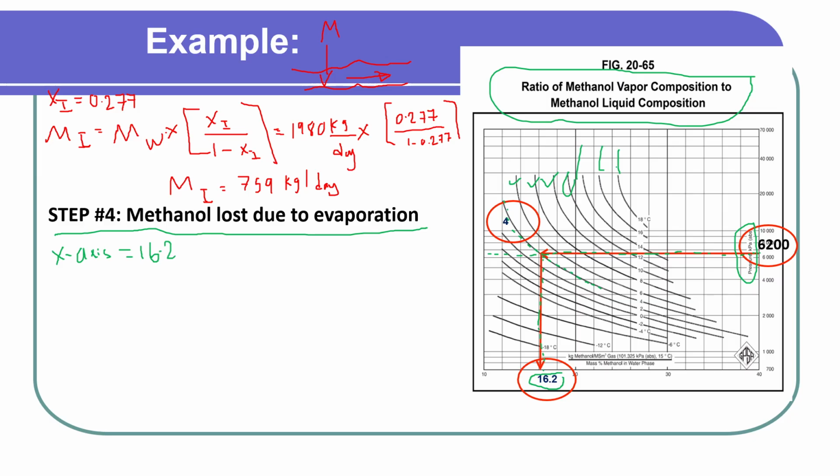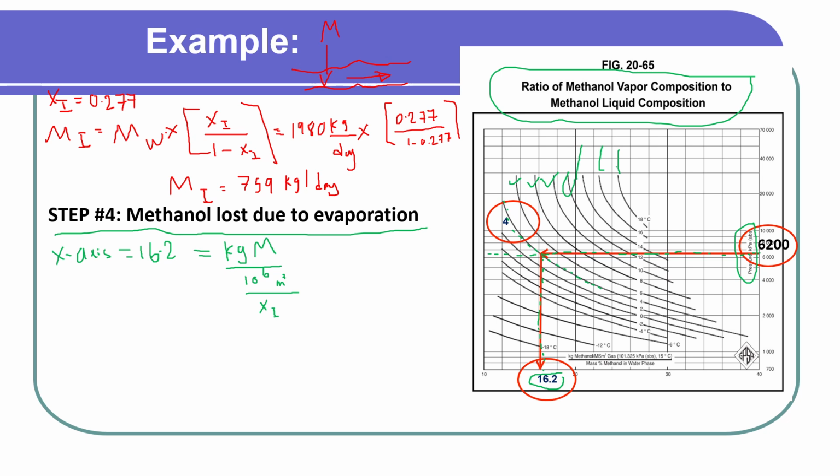And this 16.2 is in fact kilogram of methanol per 10 to the power 6 meter cube per mass percentage of methanol xi.